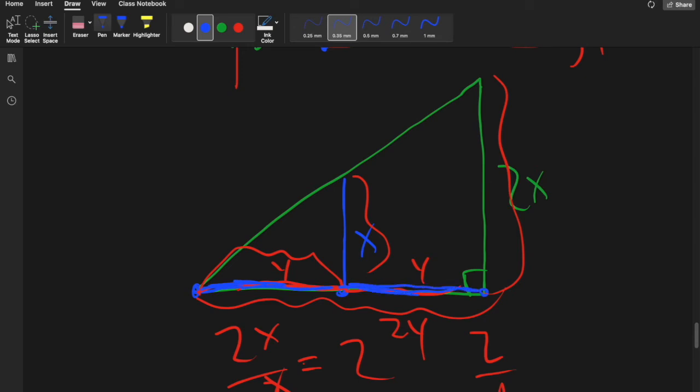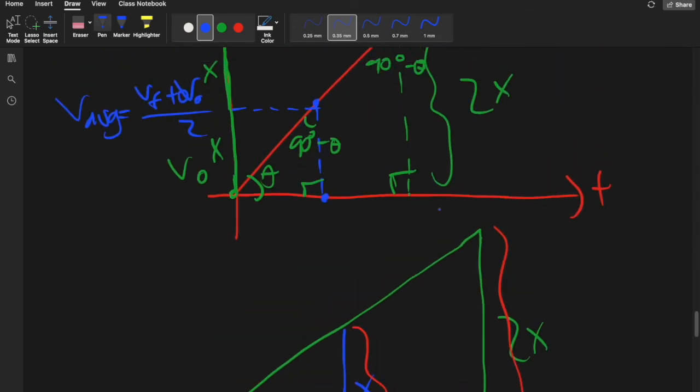So let's go back to the picture. Here, the x-axis will be time, and those two lines are equal. It means that if this time is t1, here is also t1, right? So the average velocity must be in the middle of the graph, right?